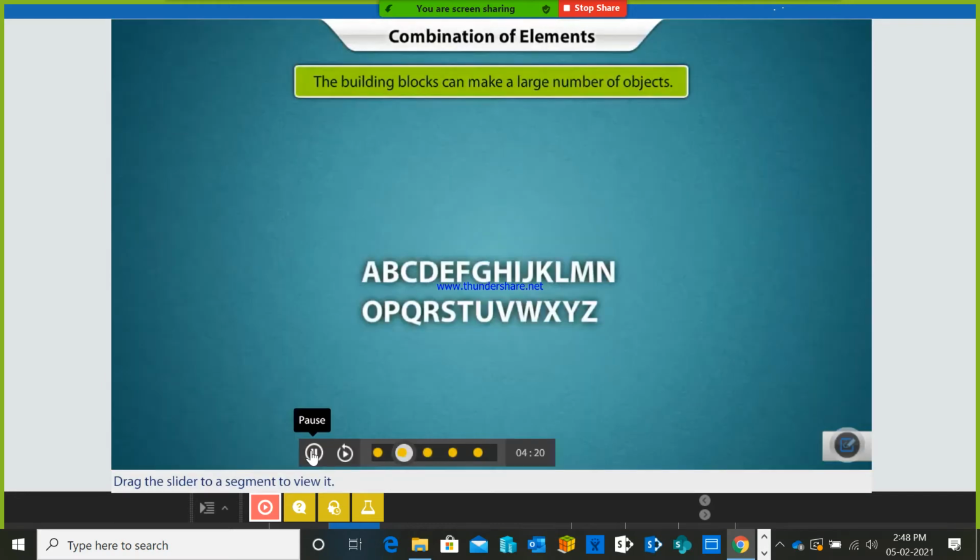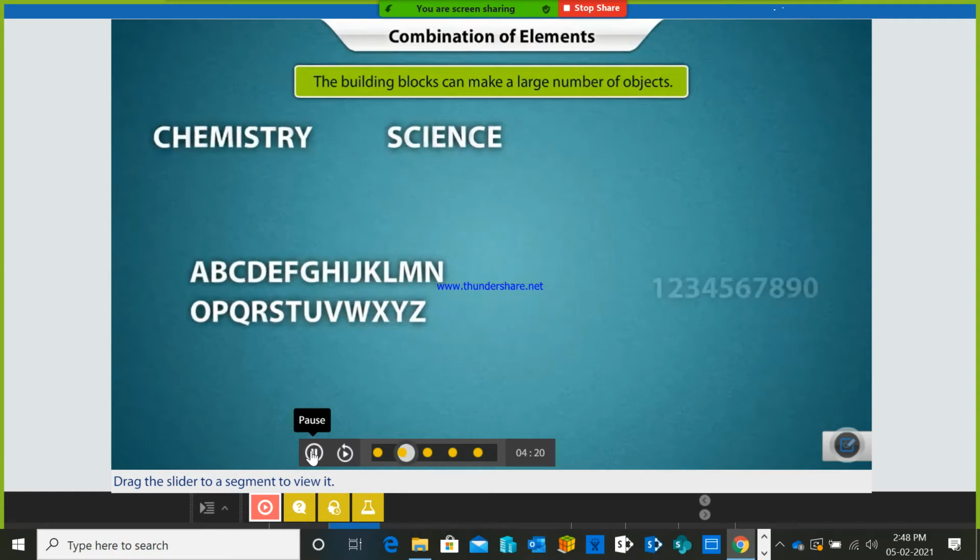We know that there are 26 alphabets in English and an infinite number of words are possible with these alphabets. Similarly, a combination of digits from 0 to 9 helps us to generate infinite numbers.